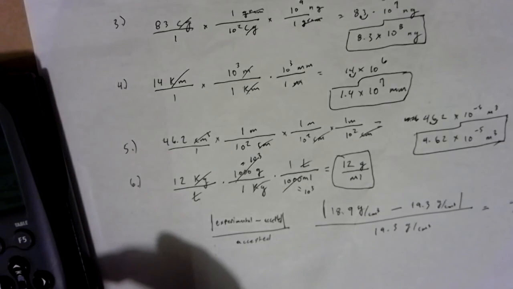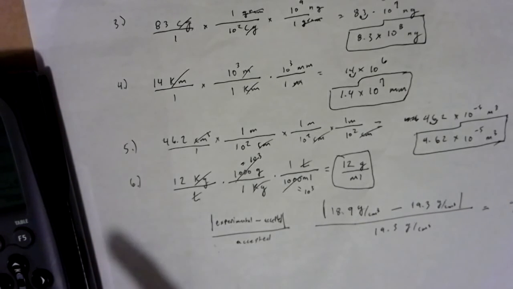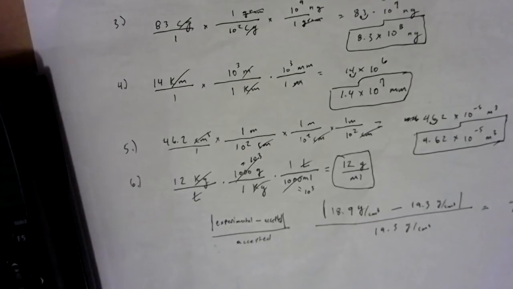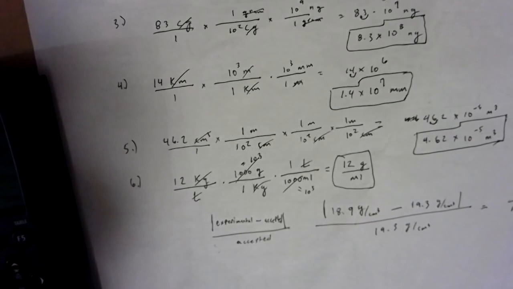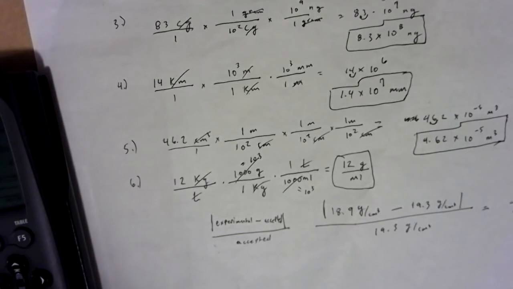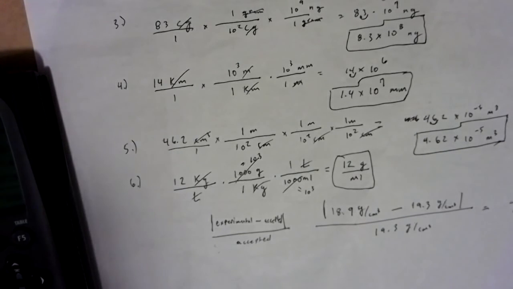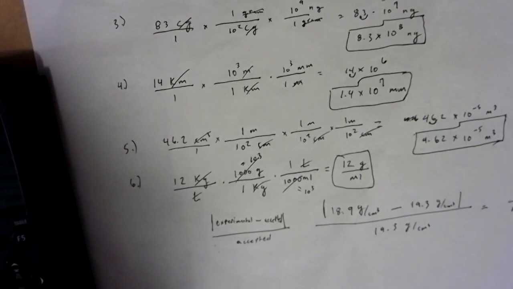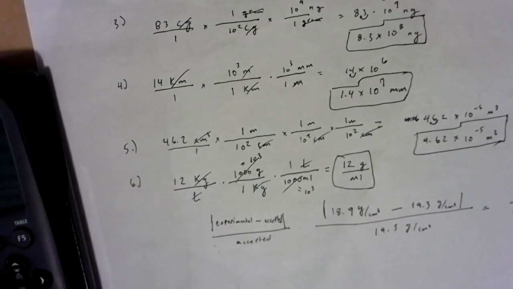And then 0.4 divided by 19.3 gives me, so this is approximately 0.020725. And then remember, this is a decimal. We're going to want to write this as a percentage. So we move this twice, we end up with 2%. So our percent error is 2%.